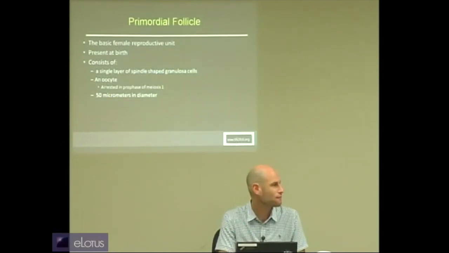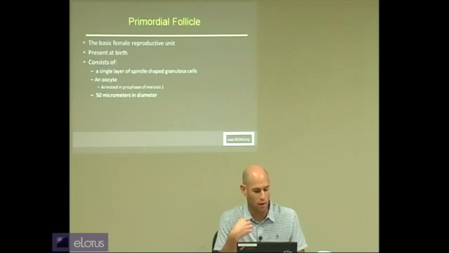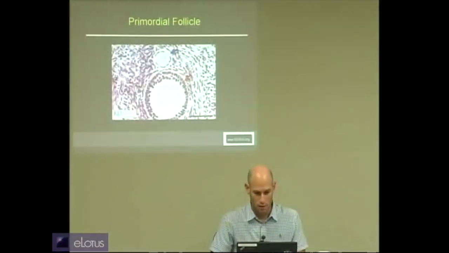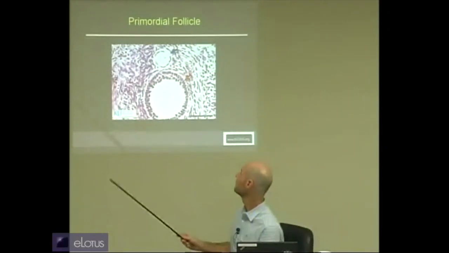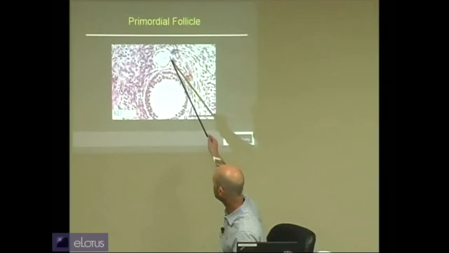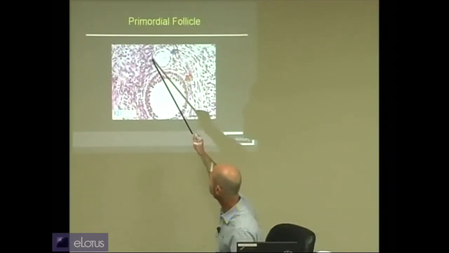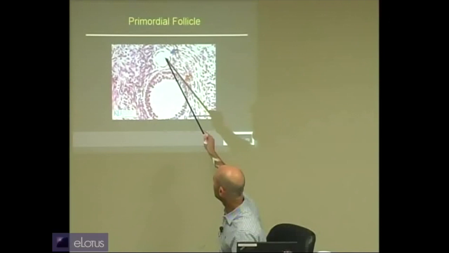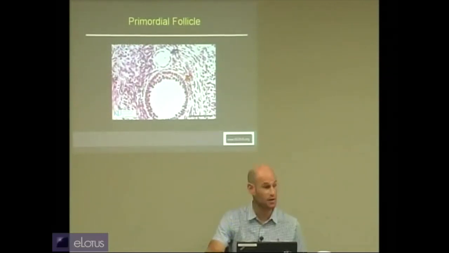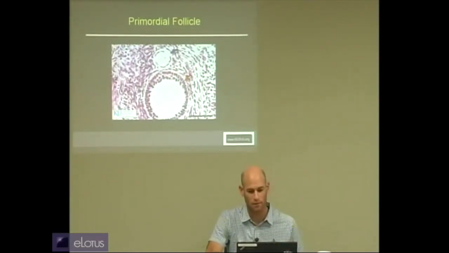And this thing is about half the size of the normal egg, which we see at the time of ovulation. And so this is a micrograph of it. And so this is our primordial follicle with our single layer of granulosa cells and our oocyte, which is inside of it right here. And there are lots of these. This is what there are when we talk about there being 500,000 eggs. We're talking about those.